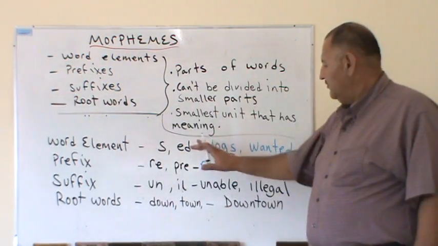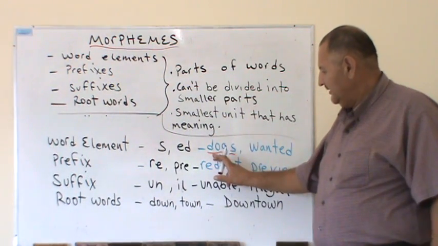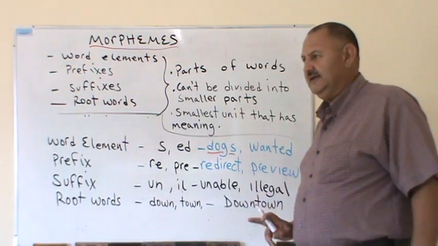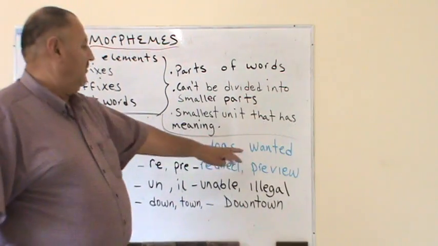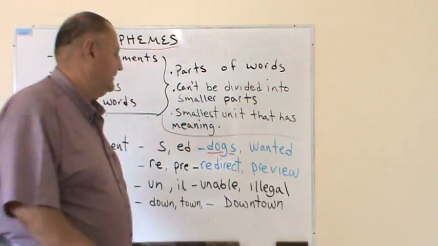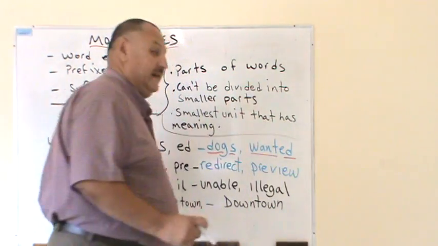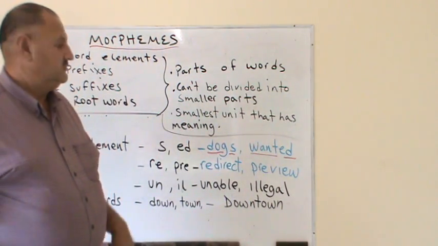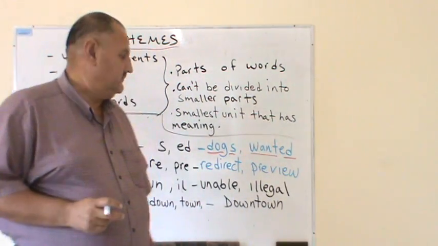Dogs has two parts: dog and the word element S, which indicates that it's plural. Or in the word wanted, we have want and ED. That's two parts. So the word wanted has two parts.